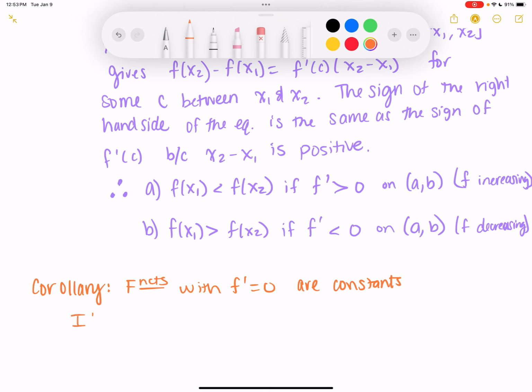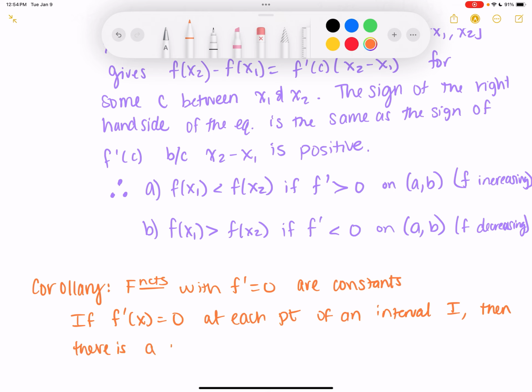So if f prime of x is equal to 0 at each point of an interval I, then there is a constant c for which f of x is equal to c for all x in I.